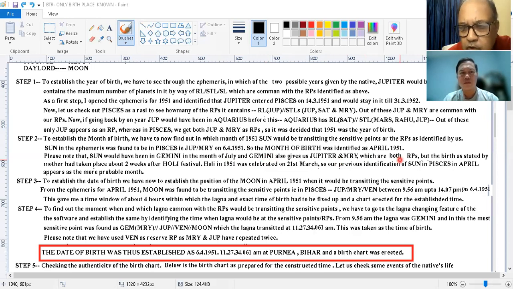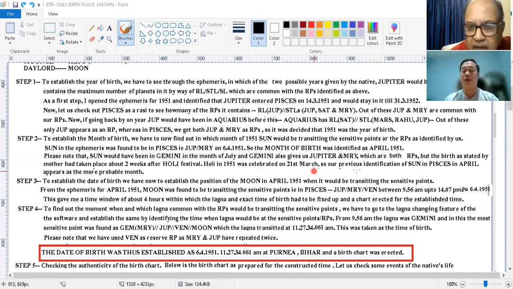But the birth, as stated by the mother, had taken place about 2 weeks after the Holi festival. Holi in 1951 was celebrated on 21st March.